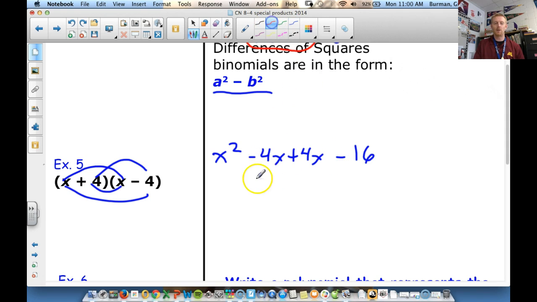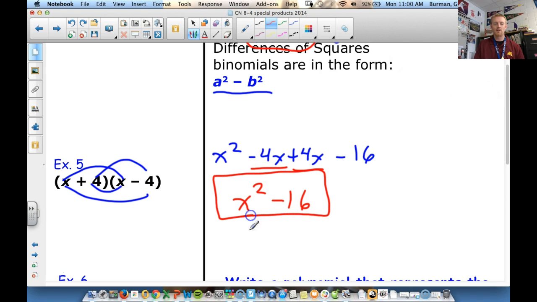Now again, like we just showed you, the middle terms cancel, so this just becomes an x squared minus 16. Now these are both perfect squares, so they're a difference of squares. So we have an x squared and a 16. So those are both perfect squares. That's why it's called the difference of squares.